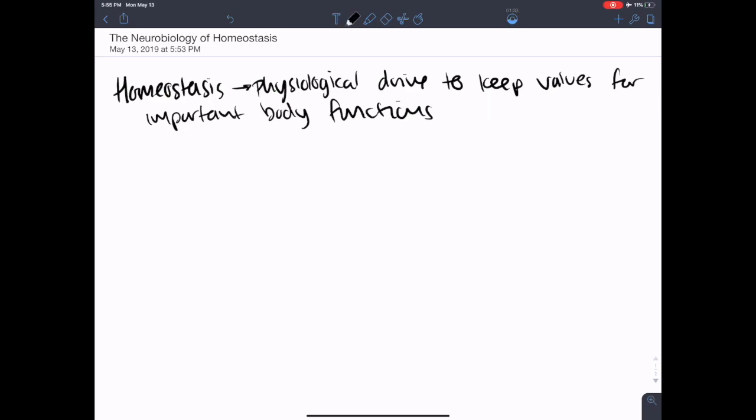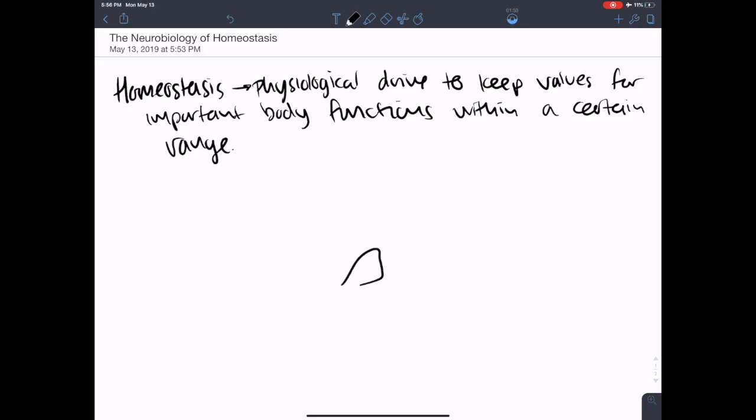I hope that makes sense the way I said that. So it's this physiological urge to keep your body within a certain range of all these different types of values. So heart rate, blood pressure, stuff like that.